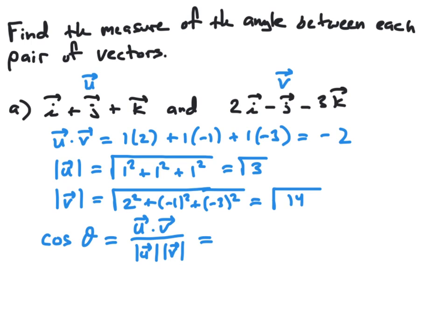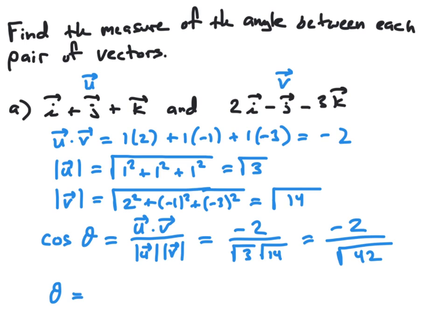So the cosine of our angle will be -2 over the square root of 3 times the square root of 14. And using properties of radicals, this would be -2 over the square root of 42, 3 times 14, inside the radical there. So we find our angle by then taking the arc cosine of this number, -2 over the square root of 42.